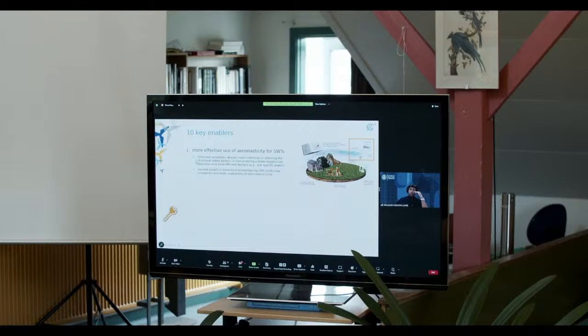It has been used not that much in small wind, but if you want to improve the design of the new machines, for example, going towards lower specific power rotors or having lighter, more flexible blades, we need to introduce aeroelasticity. And to do that, we need to also train the personnel of the producers to use the codes and to, let's say, really understand aeroelasticity.